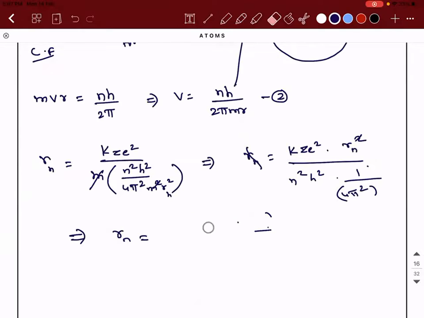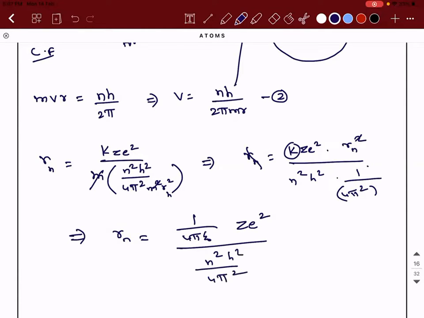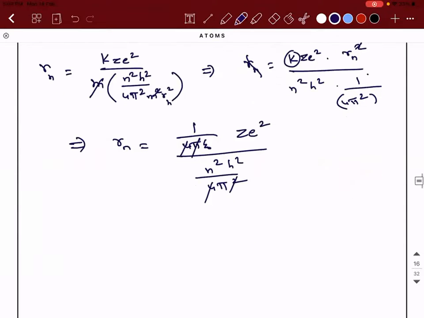Now this k, I can write as 1 by 4 pi epsilon naught into ze square divided by n square h square divided by 4 pi square. So 4 and 4 will get cancelled, and you have an Rn here already. So this pi will go to the numerator, Rn square, and Rn and Rn will get cancelled.